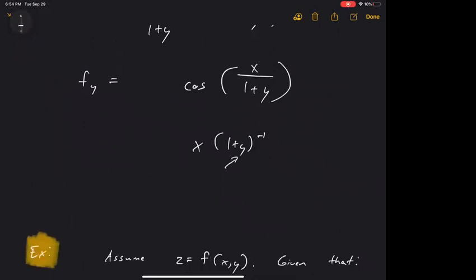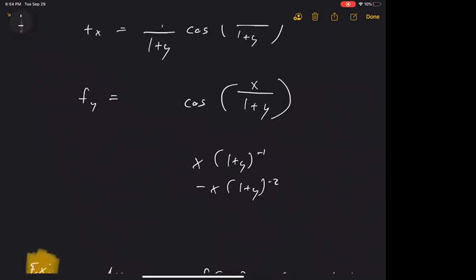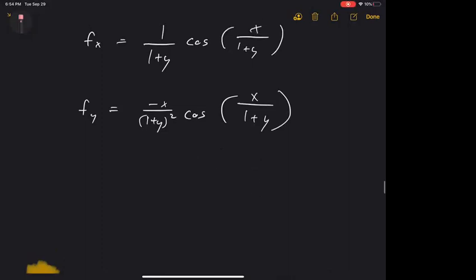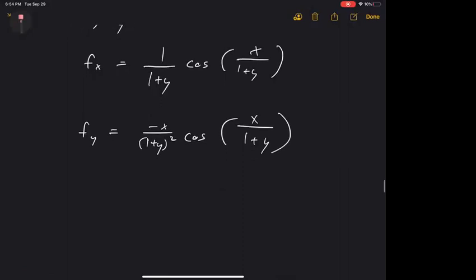Differentiating this with respect to y, negative x times 1 plus y to the negative 2, right? And when I put it in the denominator, it's just positive 2. So that should be my partial derivative of f with respect to y.